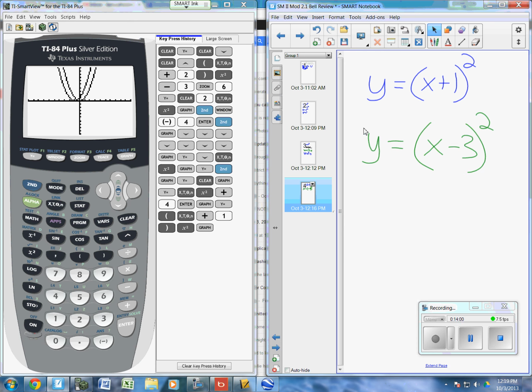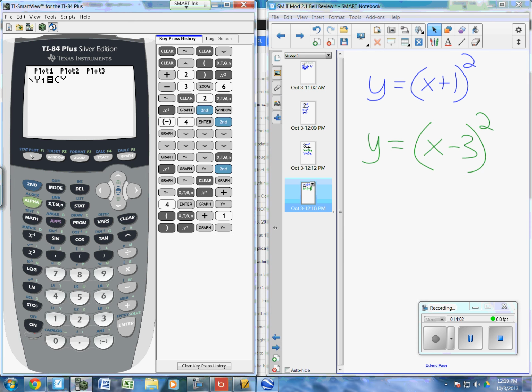She's right. It's going to shift it to the right 3. Look, I'm going to change this to -3. X minus 3 squared. Shifted it to the right 3 units from x squared. Do we see that? Are we starting to get the idea?